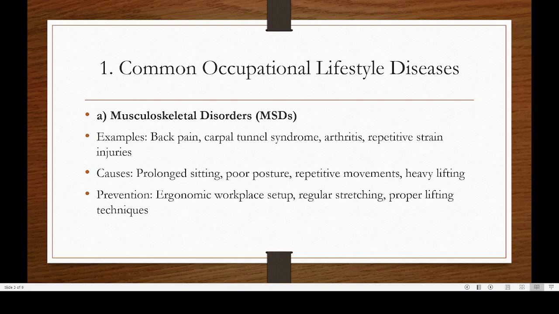It's very common, especially in people who use a computer too much or ride a vehicle for a longer time. All these people will have this kind of problem known as carpal tunnel syndrome, especially IT professionals or people who use their wrist or fingers too much. So in the case of carpal tunnel syndrome, here you can see that.